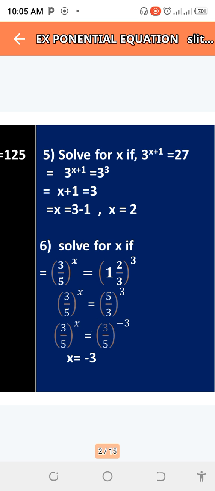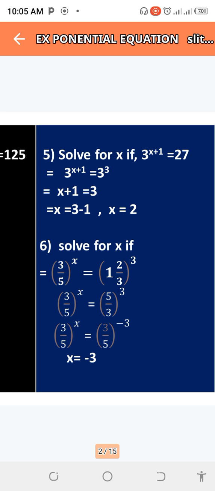You see, they are in opposite direction. And the only way to make them the same direction is to express one into a negative exponent. When we express this one as 3 over 5 exponent minus 3, that means we take the reciprocal.